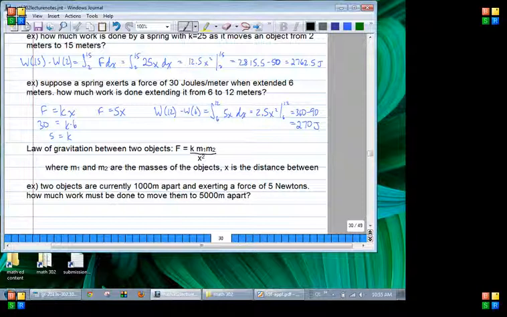So how do you do that? So we're trying to find work. So what is it that we're going to do?